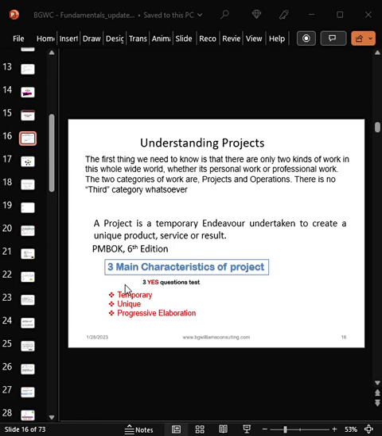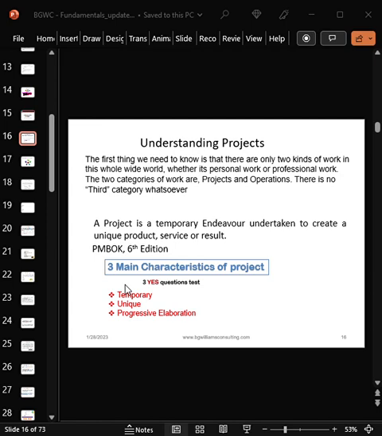And now, with these three characteristics, please take note. This is exactly what helps you as a project manager, especially if you are consulting, to know if a task or a job being assigned to you is actually a project or operations.